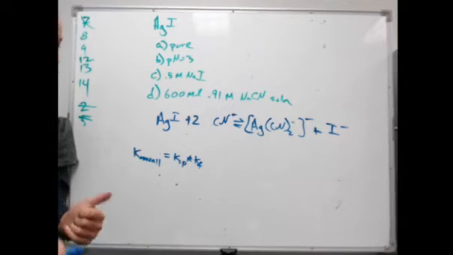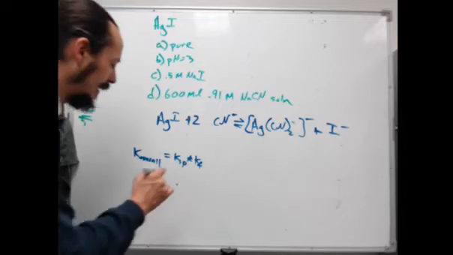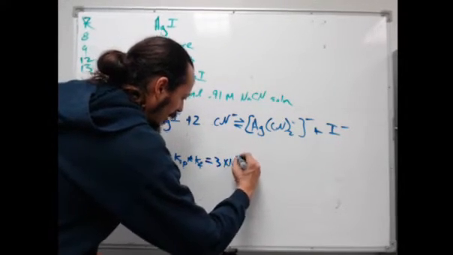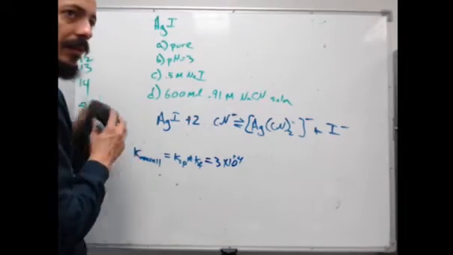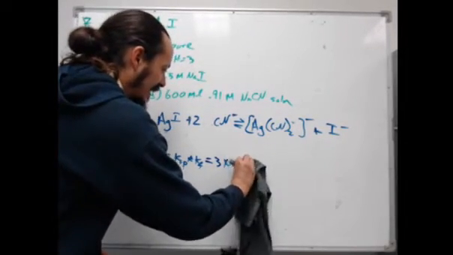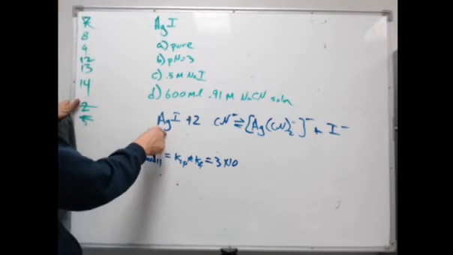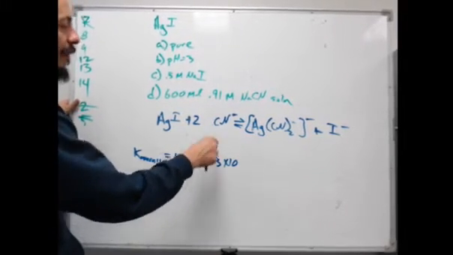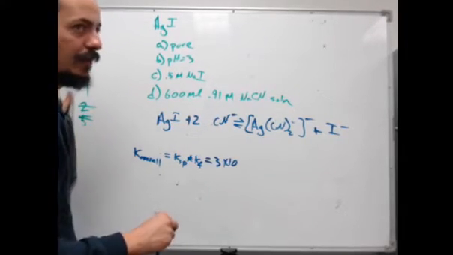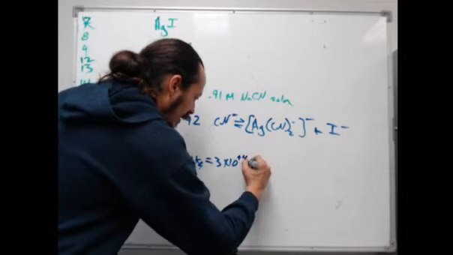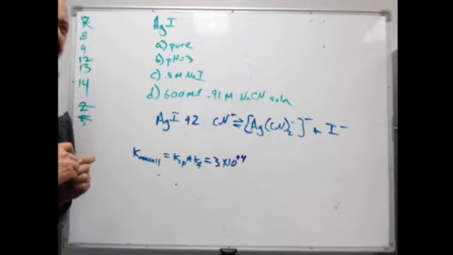If I remember correctly, because I did this problem yesterday with a student that came in, this is on the order of 3 times 10 to the positive 4. I might be remembering the wrong problem, but you look up the Ksp for AgI, you look up the Kf for Ag(CN)2 minus, that dicyanoargentate, and you get something that's on the order of 3 times 10 to the positive 4.